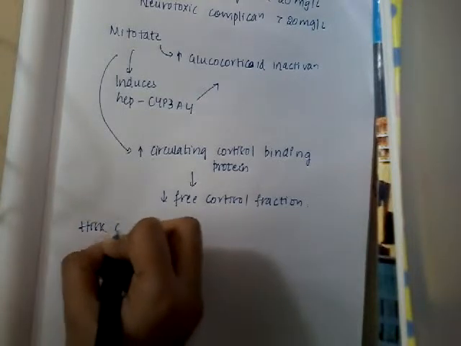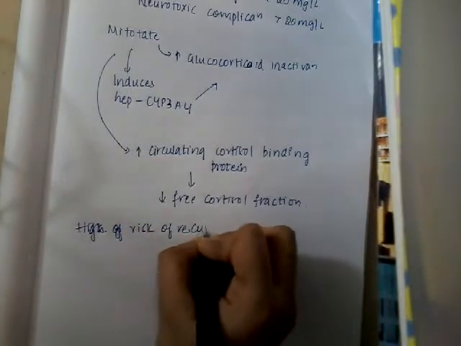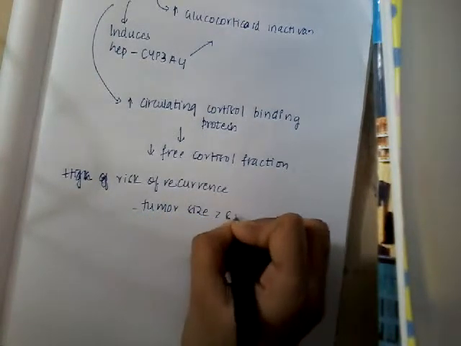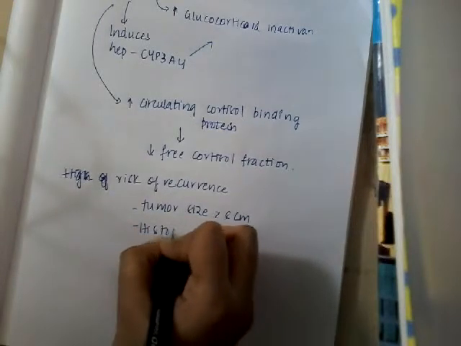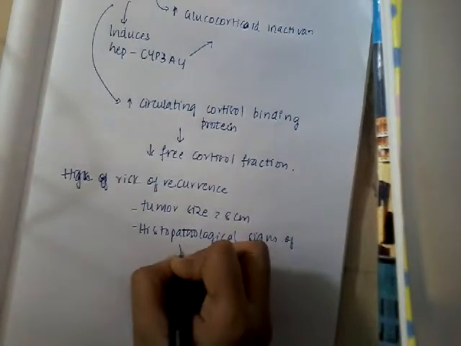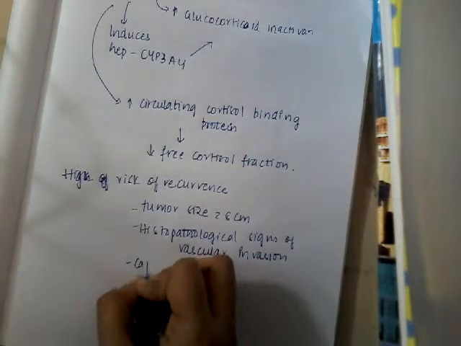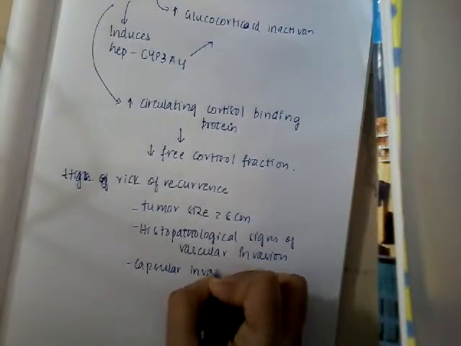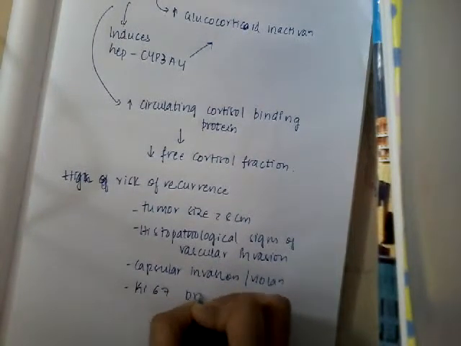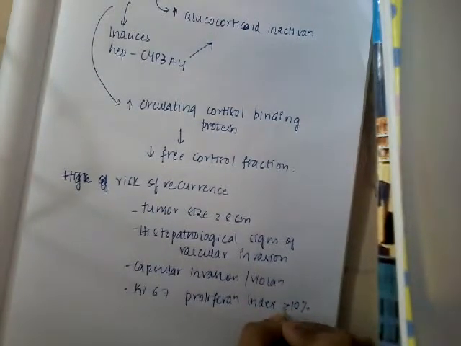When is there high risk of recurrence? High risk of recurrence is seen if the tumor size is more than 8 centimeters, or if there are histopathological signs of vascular invasion, or if there is capsular invasion or violation, or if the Ki67 proliferation index is more than or equal to 10%.